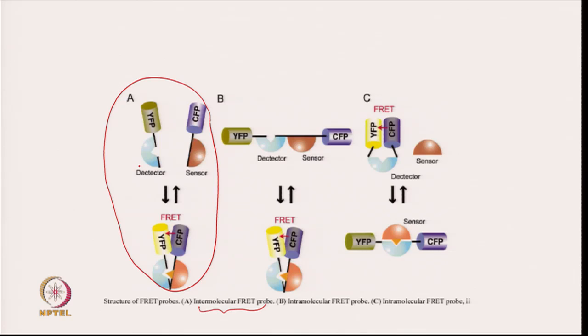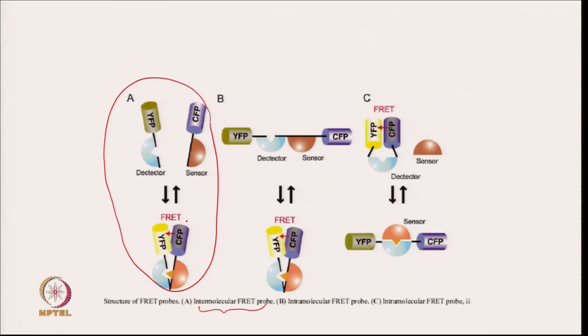What we are going to do is excite CFP and detect the effect of FRET on YFP. If they are far apart, we will not see emission from YFP, but if they are near, then we can see the emission from the YFP, and that is how we can look at the interaction between two different partners.